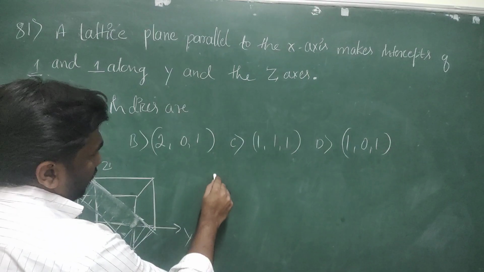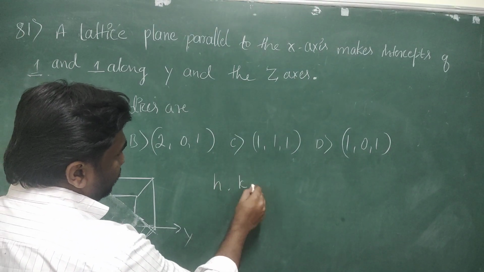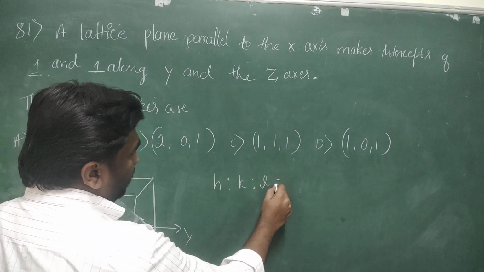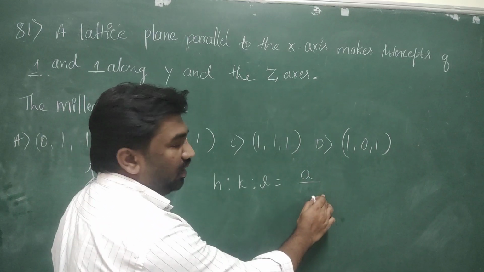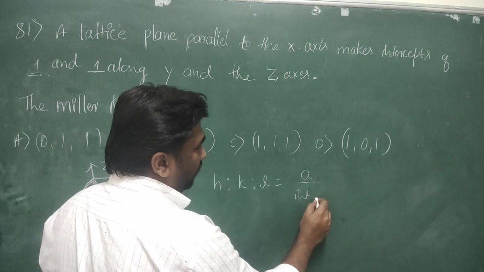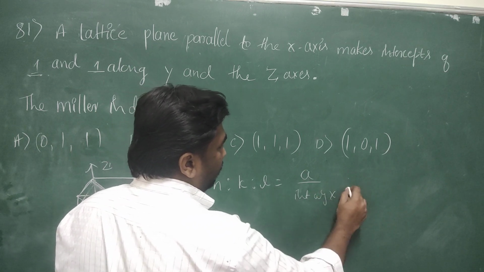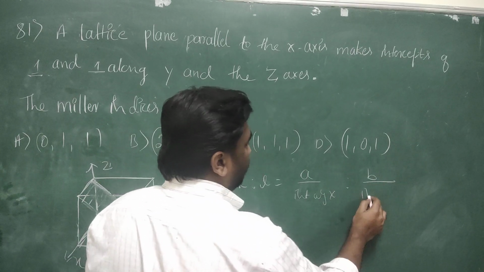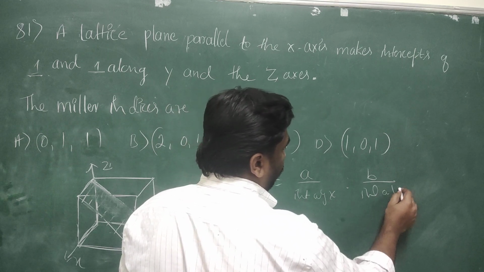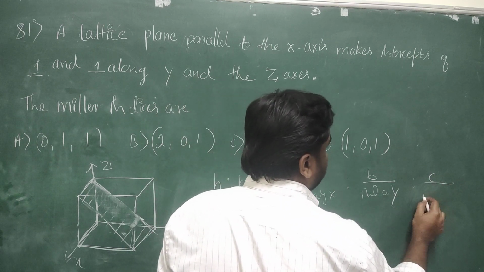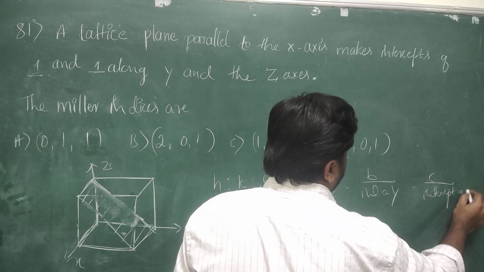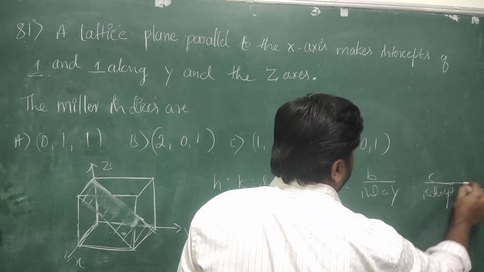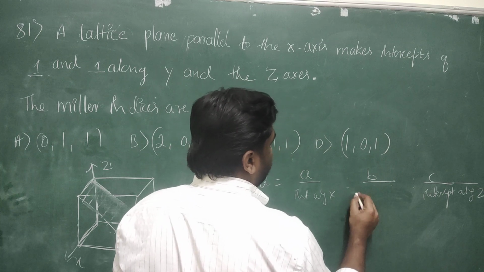So we know that h : k : l is equal to a by intercept along x, b by intercept along y, c by intercept along z.